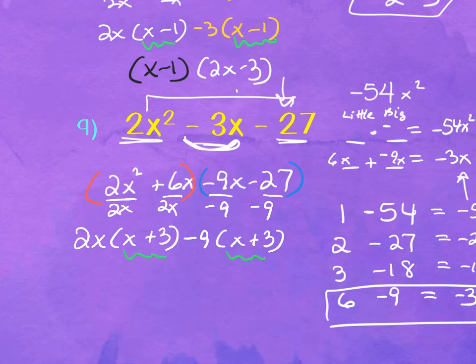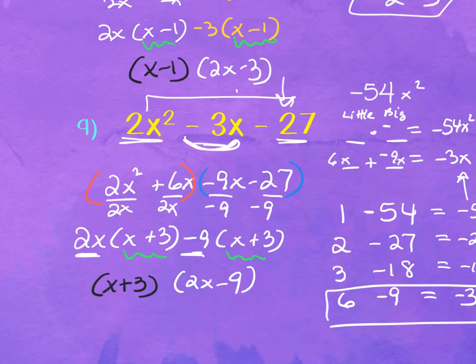Let's say you only thought it was going to be a negative 3 as your GCF. Then you would have seen that these two things that I just underlined in green wouldn't match. So now you take the underlined green and then take these two and put them together. Again, you can always FOIL it. If it doesn't go back to the original, you've done something wrong.